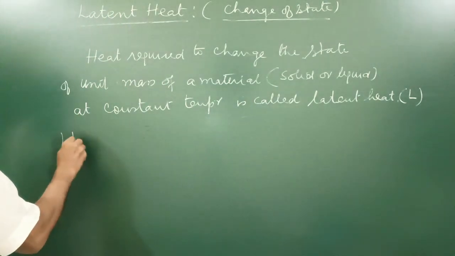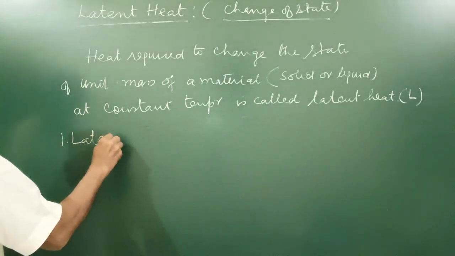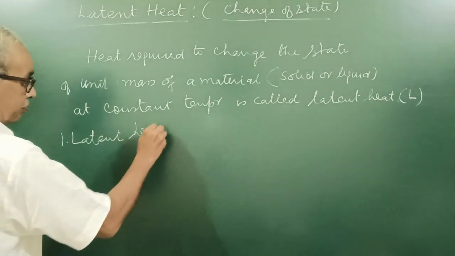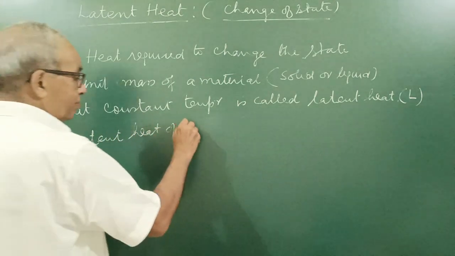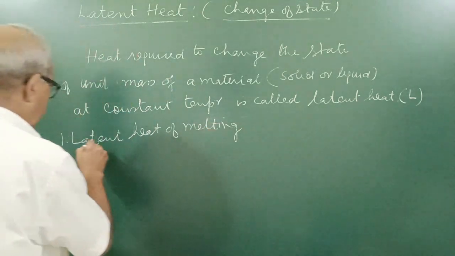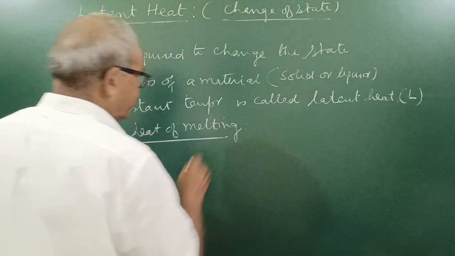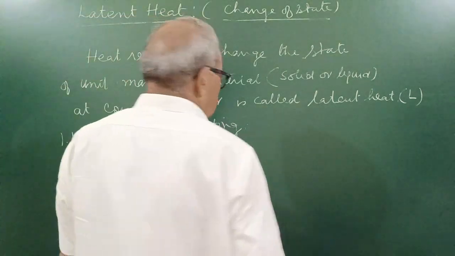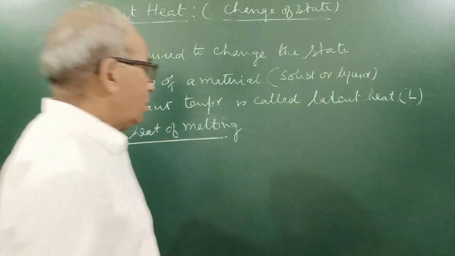Now latent heat is of two types. Number one, latent heat of melting. So who melts? Solid melts.